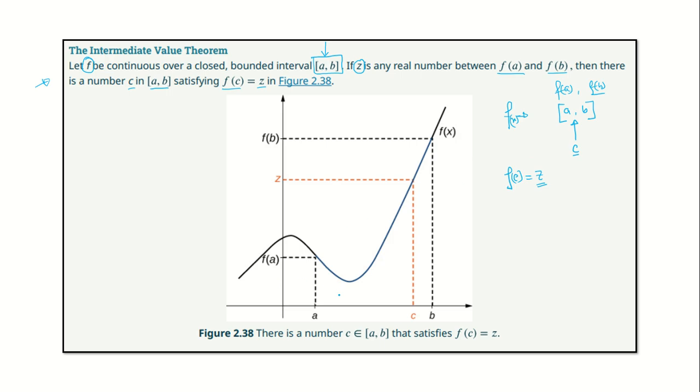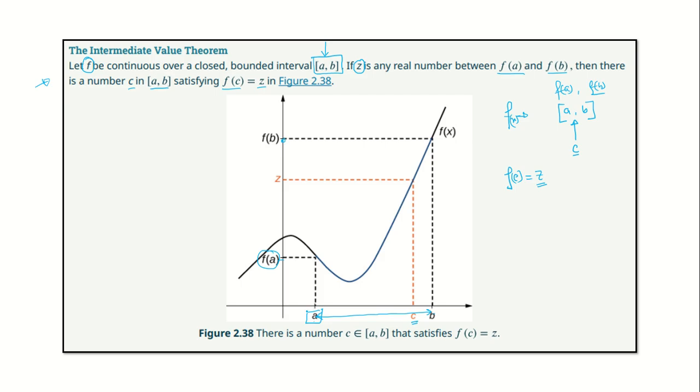Here is the graphical representation. Here is the interval a to b. In between a and b there is a value c. For a, f of a is here, and for b, f of b is here.